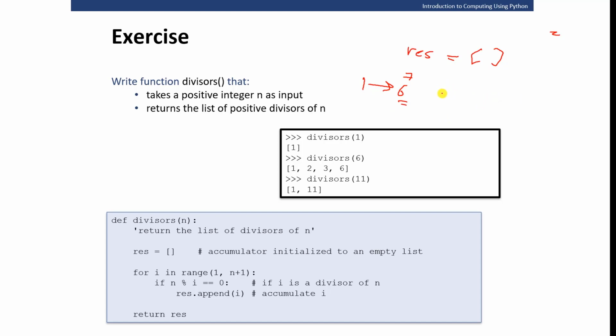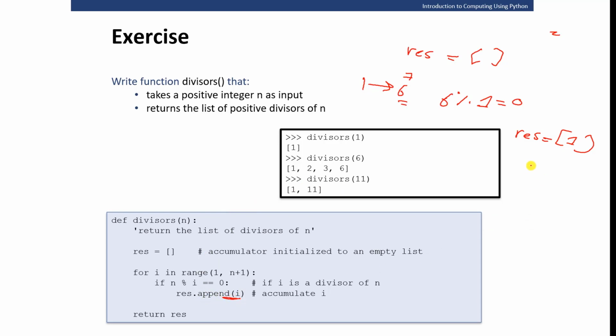First I'm going to check if 6 mod 1 is equal to 0, and that's the case. Therefore, the new result will equal 1. That's why I am appending 1 here.